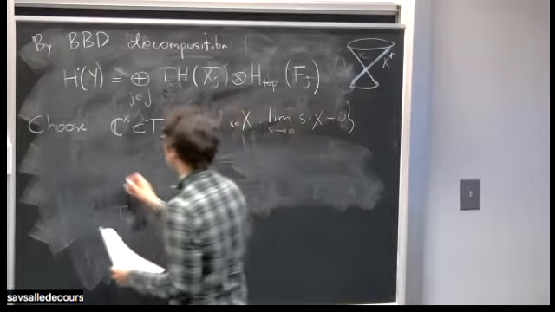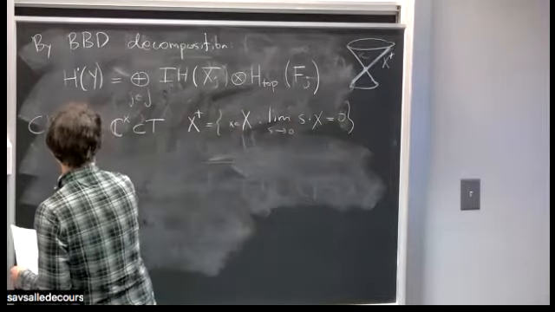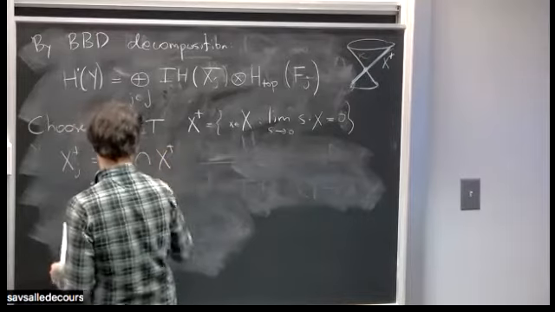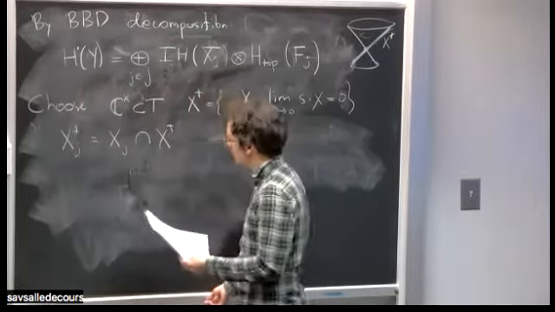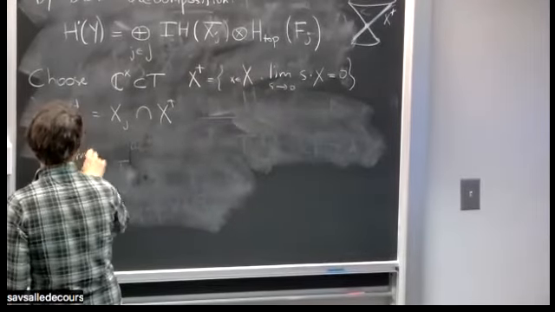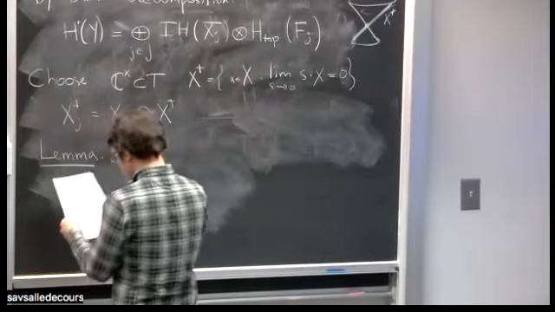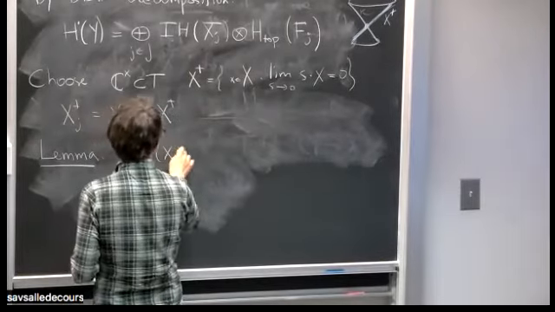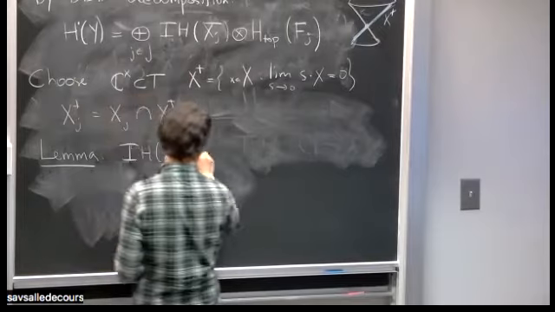And then we'll similarly let X_j^+ be just the attracting set inside each stratum. And then a little lemma tells us that this intersection homology can simply be studied using this attracting set. It's just the top homology.